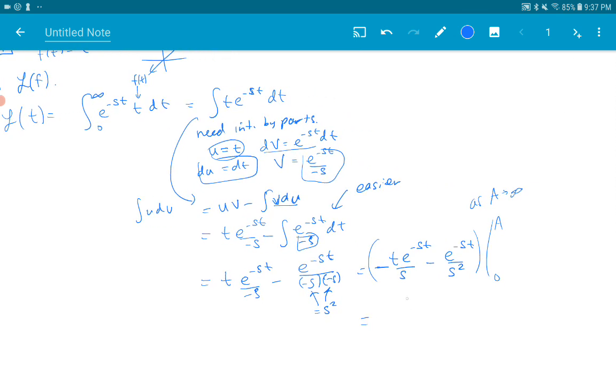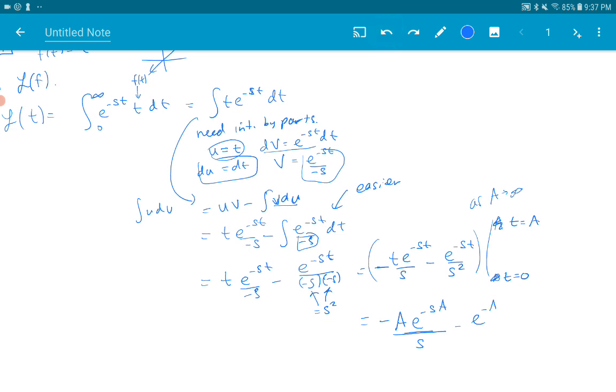So we plug in a. Remember, you're plugging in for t, so a lot of times I like to write from t equals 0 to t equals a because it reminds us which variable we're using. The s is just going to stay in the answer, so we're going to get negative a e to the negative sa over s minus e to the negative sa over s squared. Sorry, I'm getting confused.